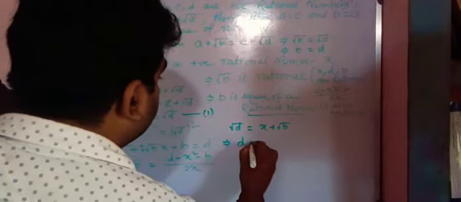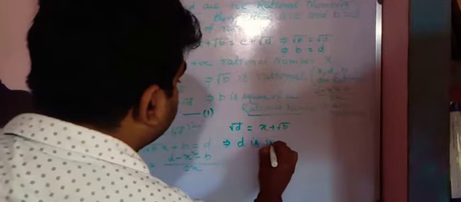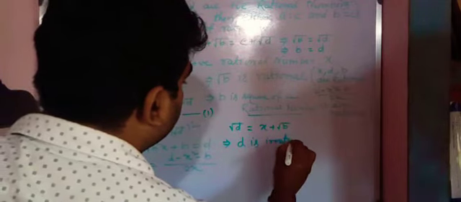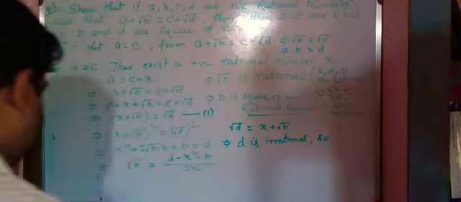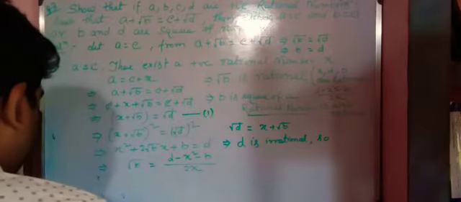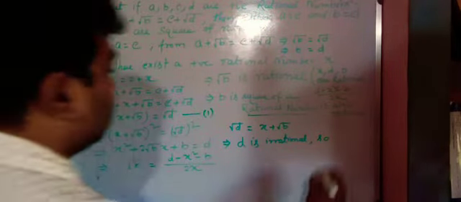That's implying d is irrational. So d is the square of a rational number.